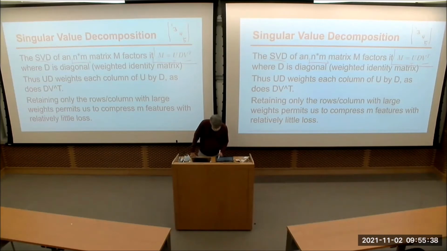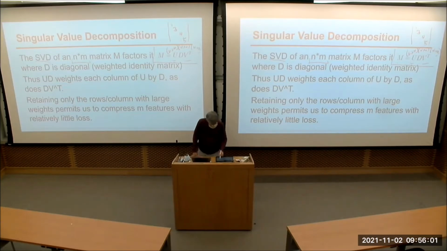We factor M into the product of matrices. This first one is going to be an N by N matrix, this is going to be an N by N matrix, and the last one is going to be an N by M matrix.